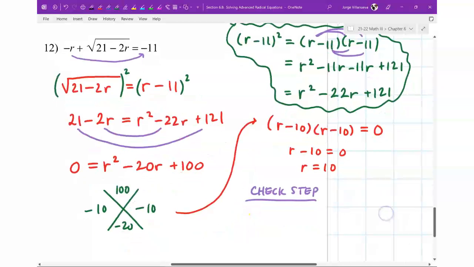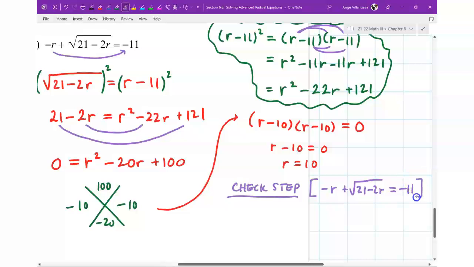Okay. My original problem is negative r plus square root of 21 minus 2r equals negative 11. And let's just plug in a 10. So negative 10 plus the square root of 21 minus 2 times negative 10 is equal to negative 11.